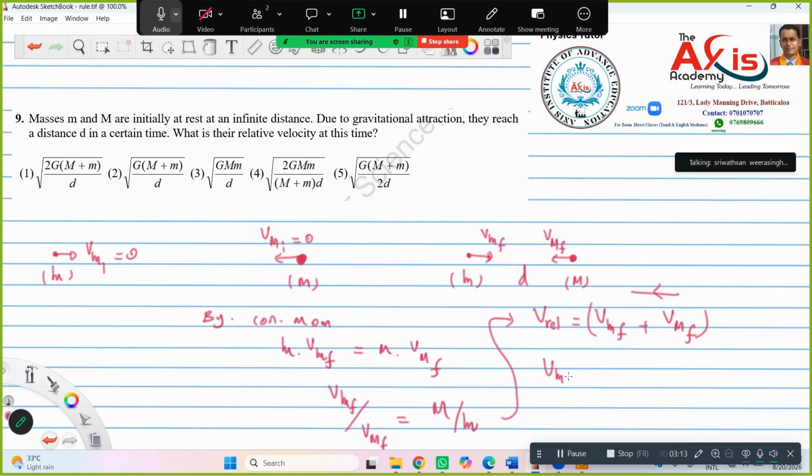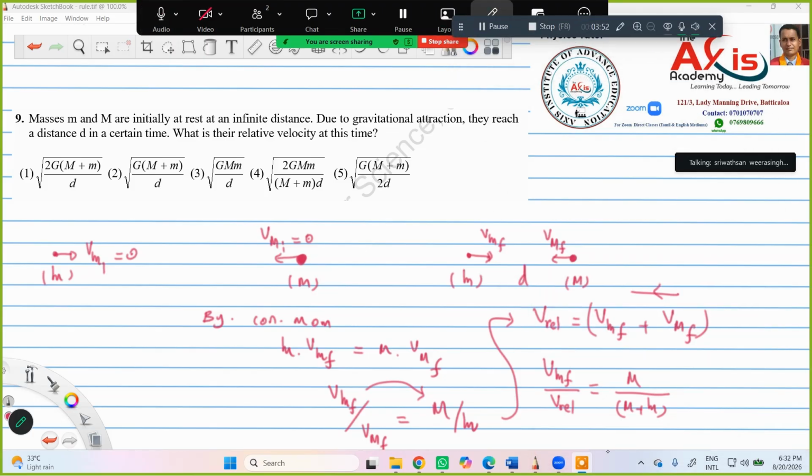V small m final over V relative equals the ratio: in the numerator capital M, in the denominator capital M plus small m. The ratio will be like this. Similarly, we can find the other ratio.